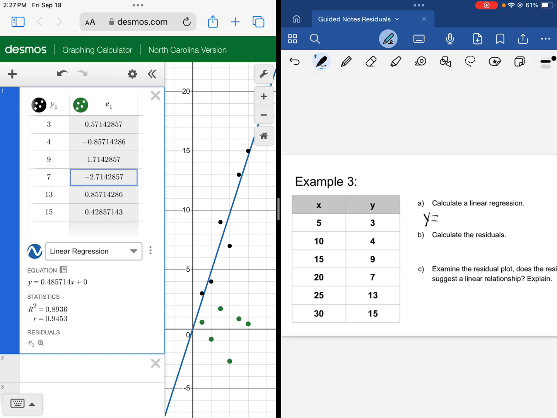All right, so I went through and calculated the linear regression. Here it is. And then those residuals.